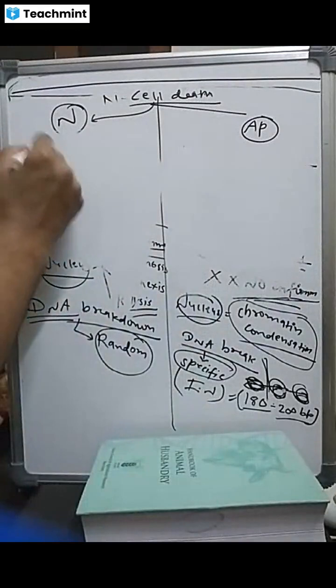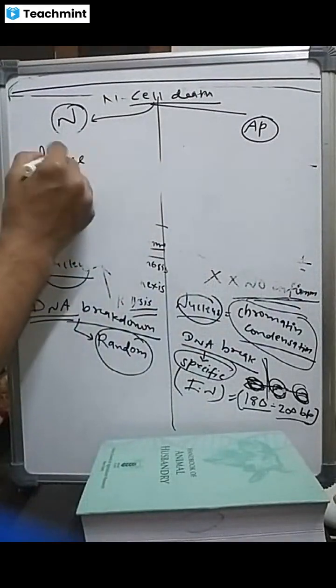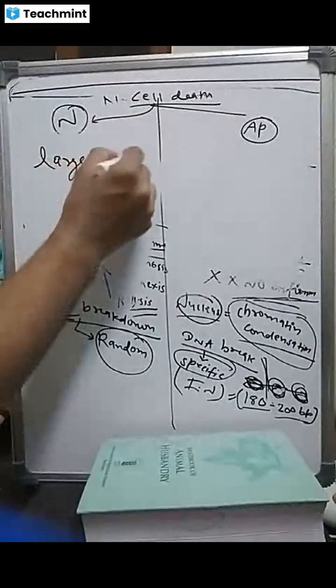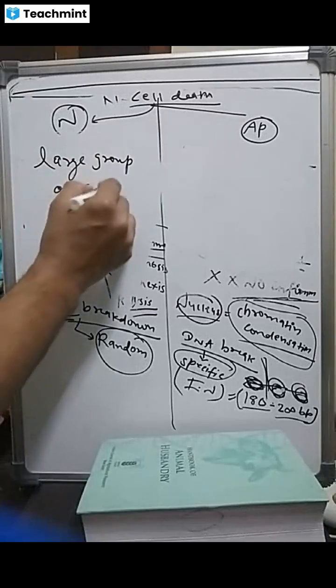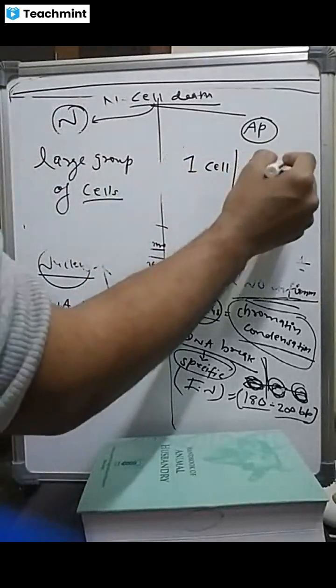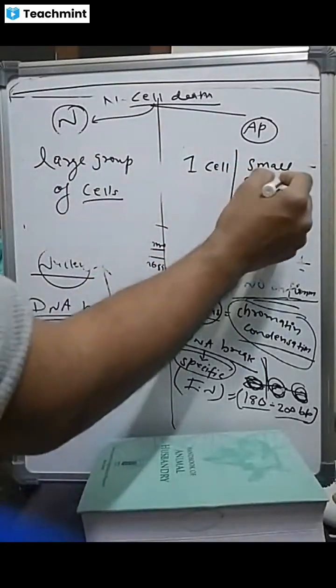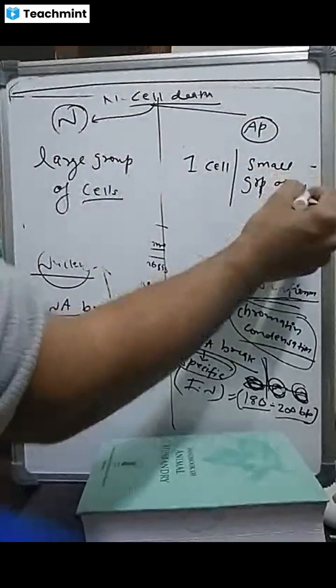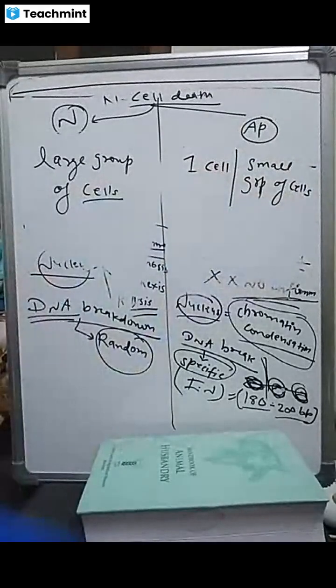The next difference is that necrosis may occur in a large group of cells, but in apoptosis one cell or a small group of cells undergo apoptosis.